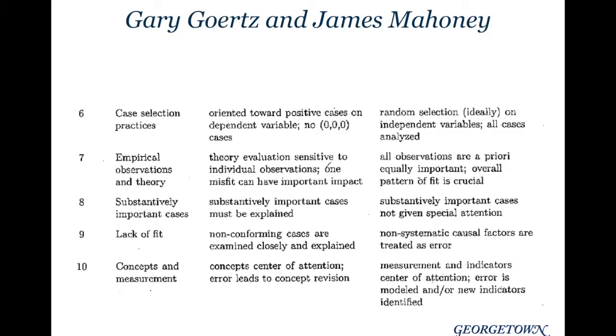Okay, so some other distinctions that Gertz and Mahoney point to: case selection practices. Case study researchers often start with the positive cases, the cases that are positive on the independent variable of interest and positive on the outcome, right? So if we want to study, do arms races lead to war, we tend to look first to cases where there are arms races and wars and see if there's some relationship there. But we're also interested in the positive negative cases, arms races that did not result in wars.